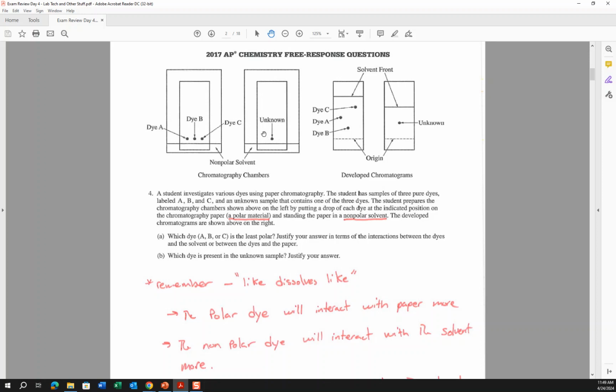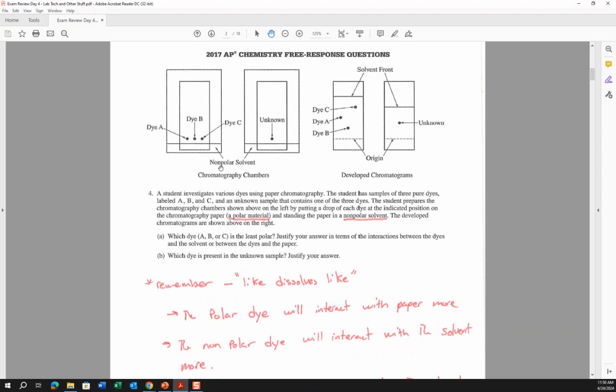The solvent's going to start to go up the paper via capillary action, and as it goes through the ink dots, the ink is going to travel with the solvent up the paper, but the distance it travels is going to depend on how much it interacts with the paper versus how much it's interacting with the solvent. If it interacts with the solvent more, it's going to travel with the solvent further. If it interacts with the paper more, it's not going to travel as far.